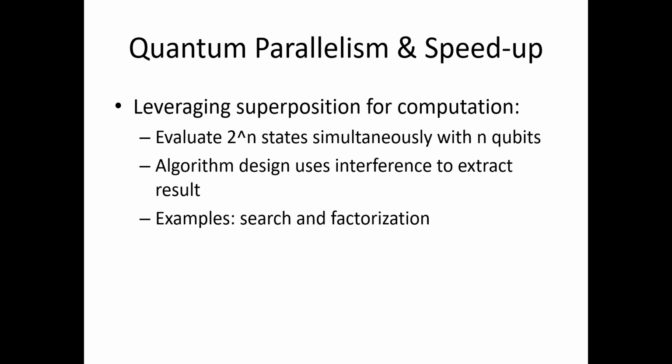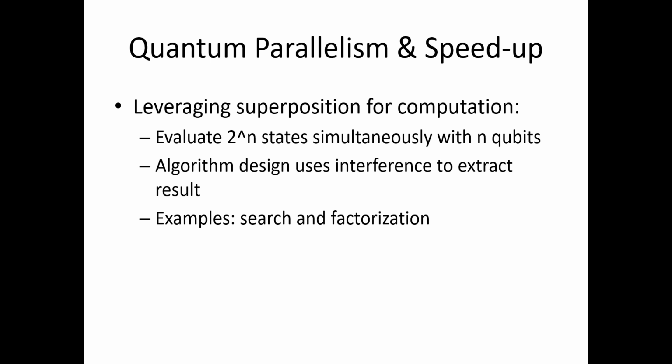The combination of these principles, especially superposition, allows for what's often termed quantum parallelism. With n qubits, a quantum computer can, in a sense, evaluate a function on 2^n input states simultaneously. However, getting all 2^n results out isn't straightforward due to the nature of measurements.